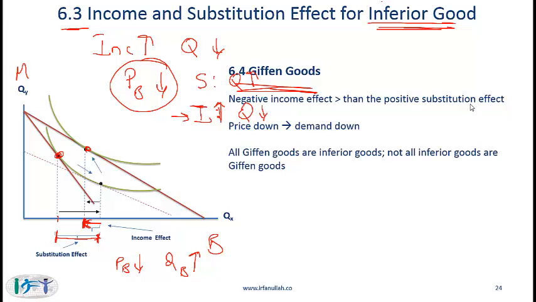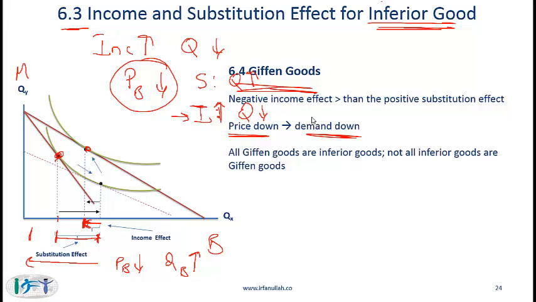So here, if the price goes down, then the demand actually goes down. So if this were a Giffen good, then the income effect would actually be larger than the substitution effect, and we would have a quantity that would be lower than the original quantity. If this happens, then our good is a Giffen good.